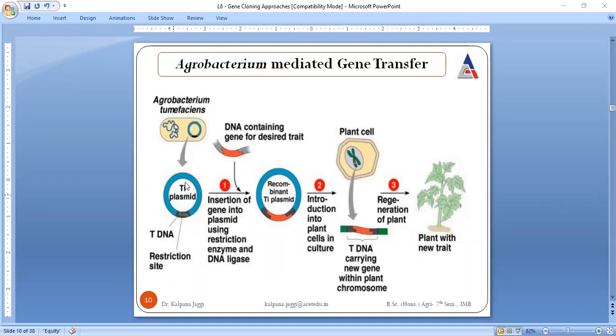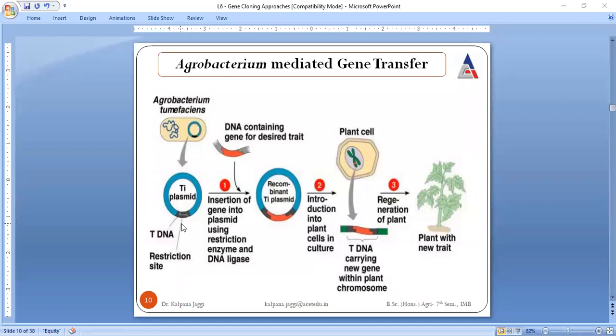So we have taken out this plasmid, and within the plasmid, the region that is of interest is the T-DNA, right? But again, as I already repeated, this region is responsible for causing tumor, so it is to be manipulated, it is to be modified, and into it our desired gene of interest is to be transferred.